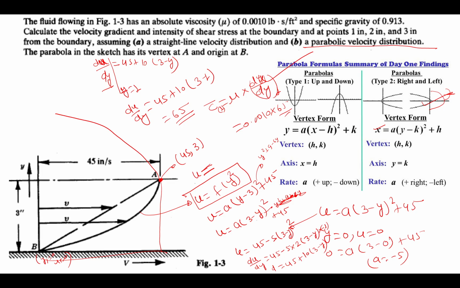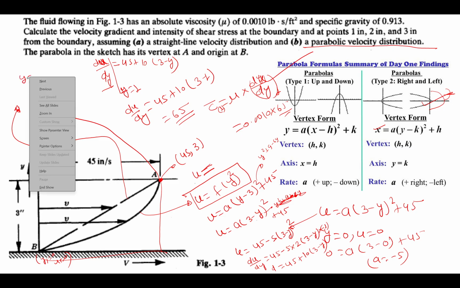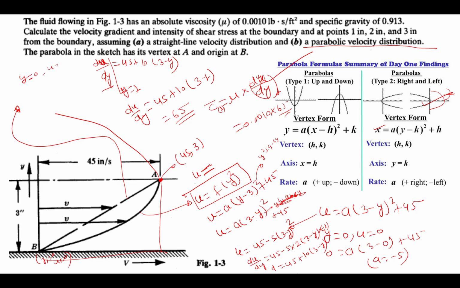If you see how the straight line equation is changing, at y equal to 0 your velocity is equal to 0. At y equal to 3, your velocity is equal to 45.